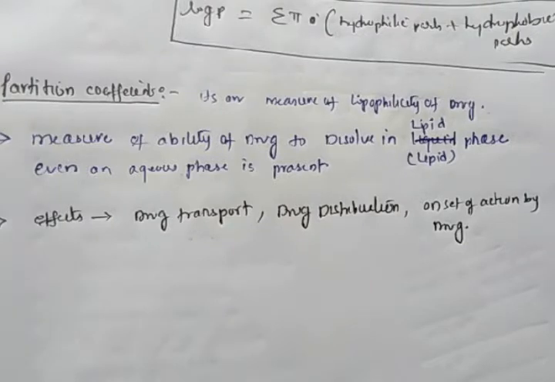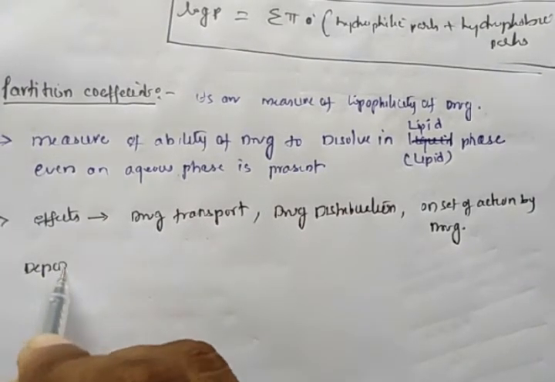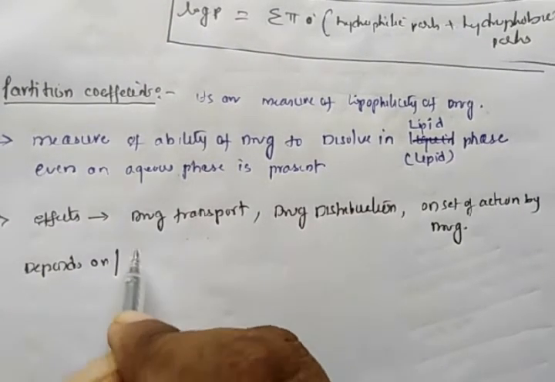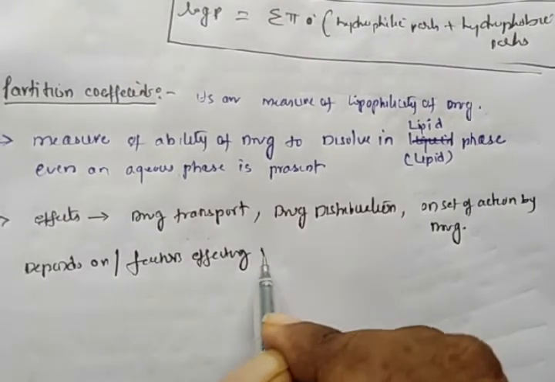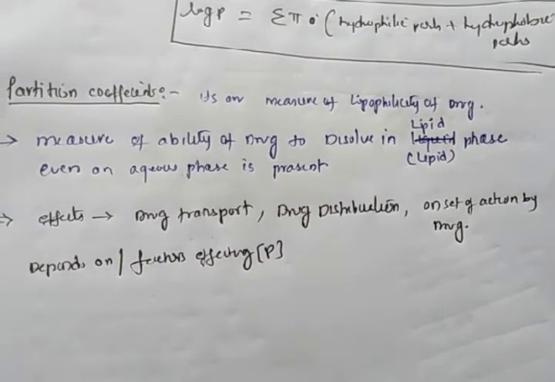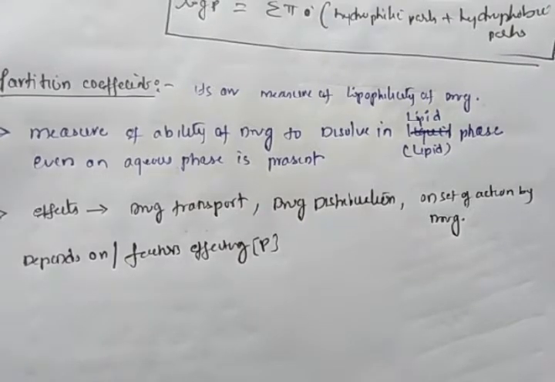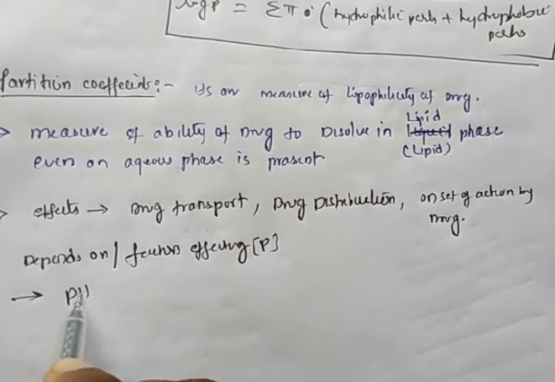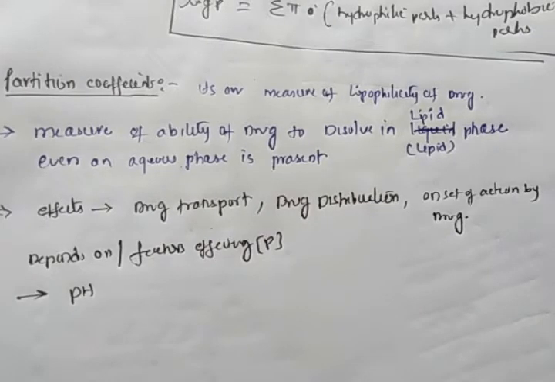Now, the factors affecting the partition coefficient. Generally it is represented with P. The factors affecting it are, first, pH: the pH of the solution will affect the partition coefficient of the drug molecule.